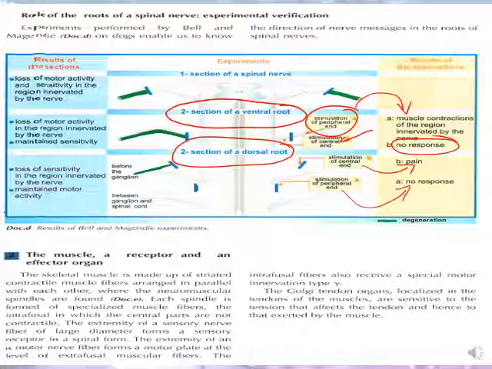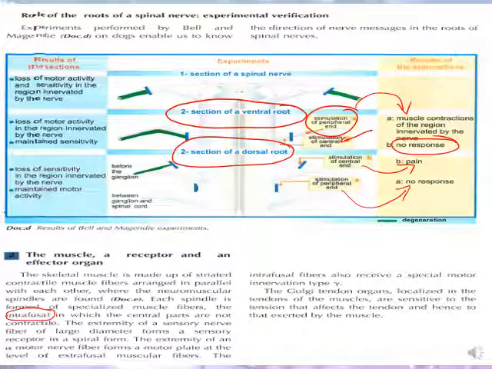The skeletal muscle is made up of striated contractile muscle fibers arranged in parallel with each other, where the neuromuscular spindles are found in document A. Each spindle is formed of specialized muscle fibers, the intrafusal fibers, in which the central parts are not contractile.